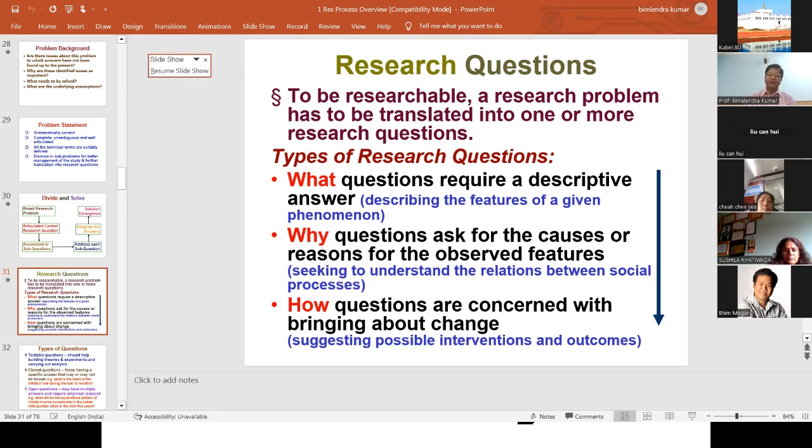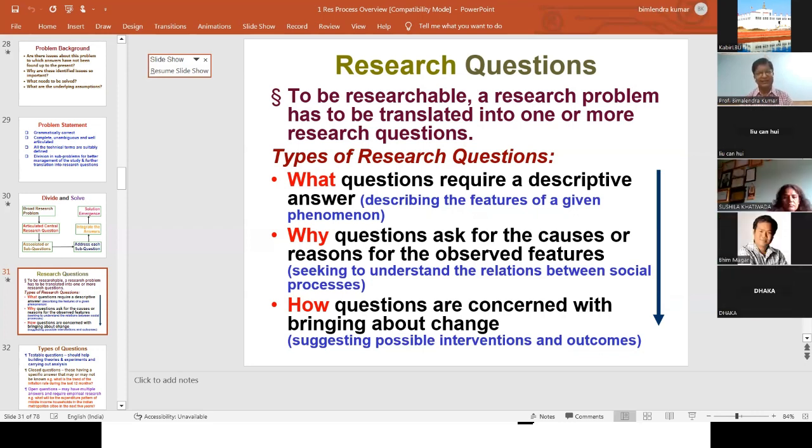Then why questions ask for the causes and the reasons for the observed features, like seeking to understand the relations between social processes, how ignorance is related with our mental dispositions, and how mental dispositions are causally related with our rebirth, that is, the consciousness.